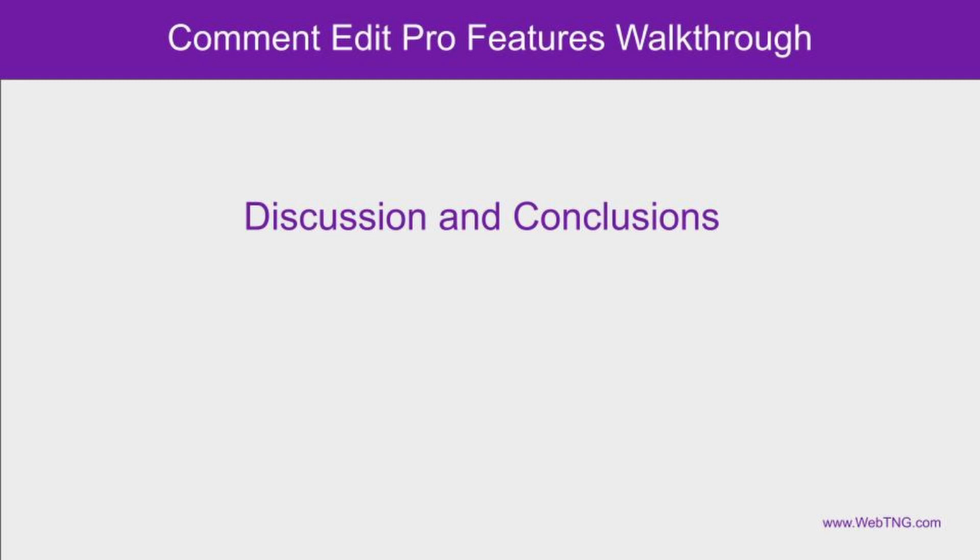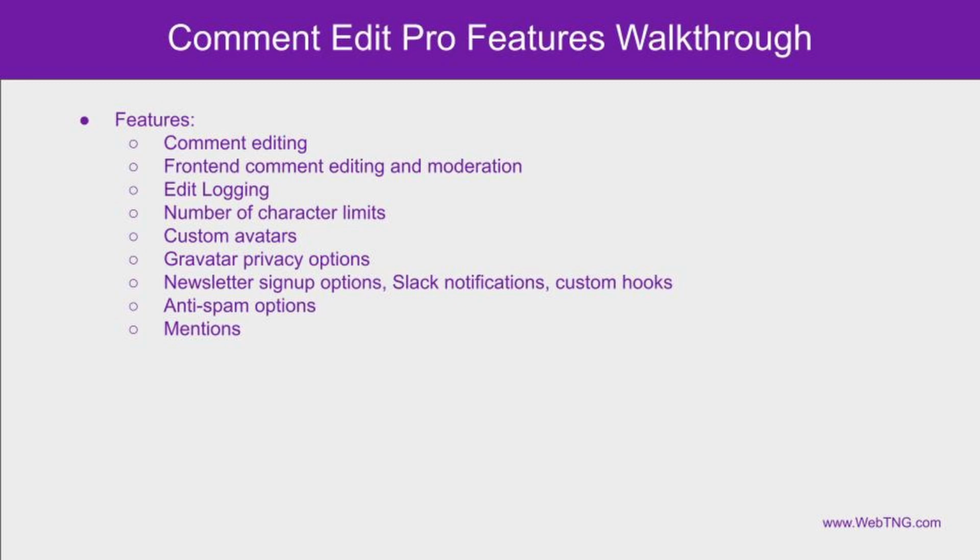Now for some discussion and conclusions. Comment Edit Pro has a lot more features than the Lite version. It has the comment editing for visitors. It has the front-end comment editing and moderation for administrators, which is one of my favorite features.